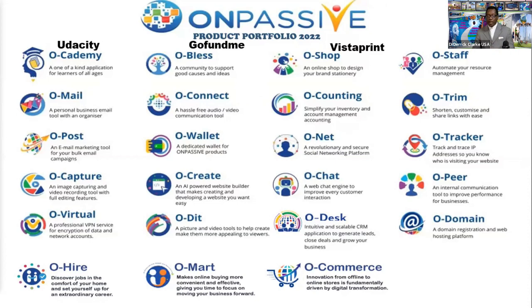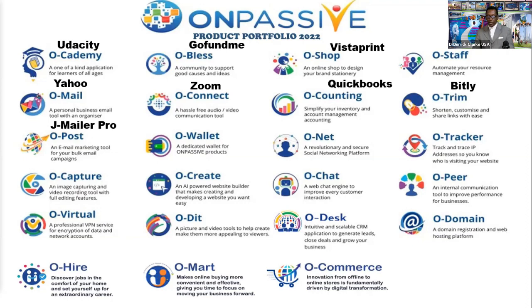OShop is our branding platform, like Vista Print. OStaff is our human resource management system, like Bamboo HR. OMail is our mailing platform, like Yahoo and Gmail. Connect is like Zoom, our webinar platform. Accounting is like QuickBooks, our accounting management platform.